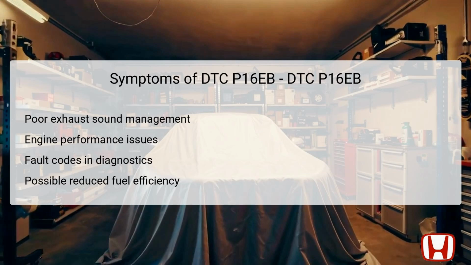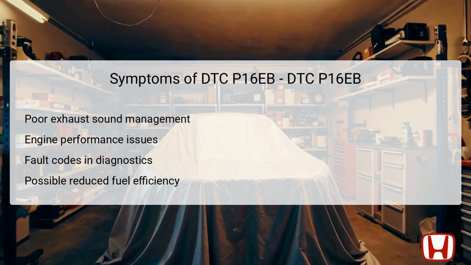Identifying the symptoms associated with DTC P16EB is critical in diagnosing issues correctly. First, you may notice poor exhaust sound management. The active exhaust function might not work as intended, leading to a louder or inconsistent exhaust note. Secondly, engine performance issues could occur, manifesting as reduced power or unusual behavior during acceleration, since the exhaust system is integral to engine operation.